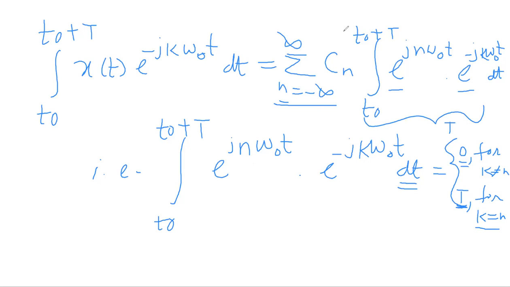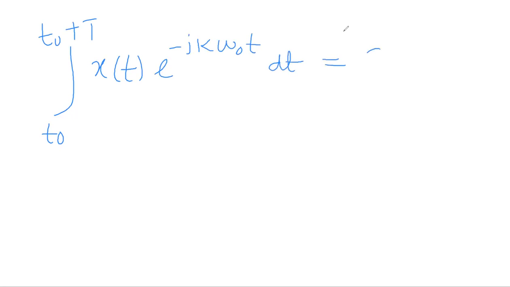So hence, writing that on the right hand side, the integration from t naught to t naught plus T of x of t e to the power minus j k omega 0 t dt is equal to Cn into T. Or else, in place of Cn, because you have substituted n equal to k, we can write Ck.